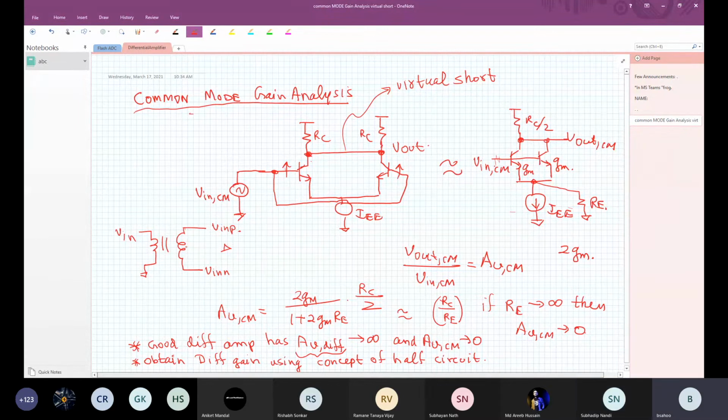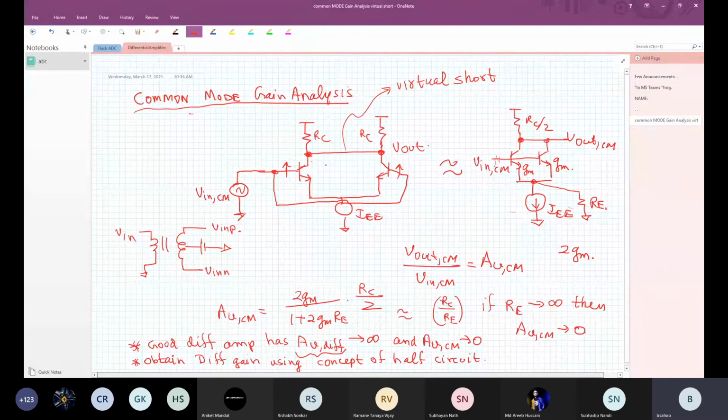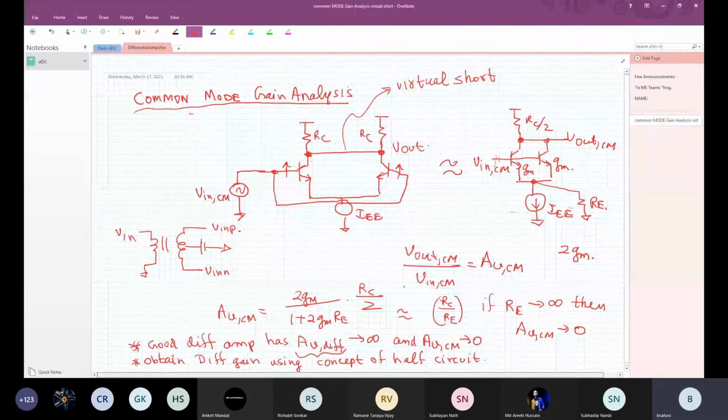Now this battery voltage would be changing as a function of time, can be changing slowly, right? If the common mode changes, then the output common mode will keep on changing. So the change in the output common mode divided by the change in the input common mode is actually the gain.